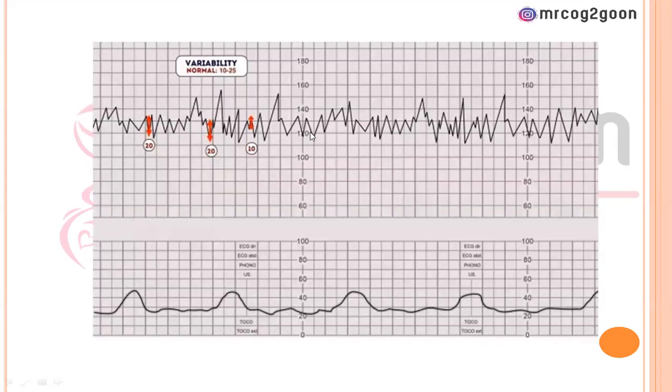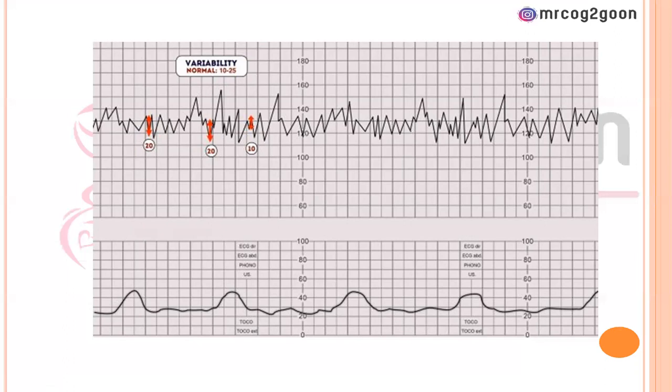Okay, so let's go. Here, this is 10, 20, 30, 40. This is very long. But here, look, this is a normal variability. This is what we call acceleration. It's increased. But this is a normal variability.